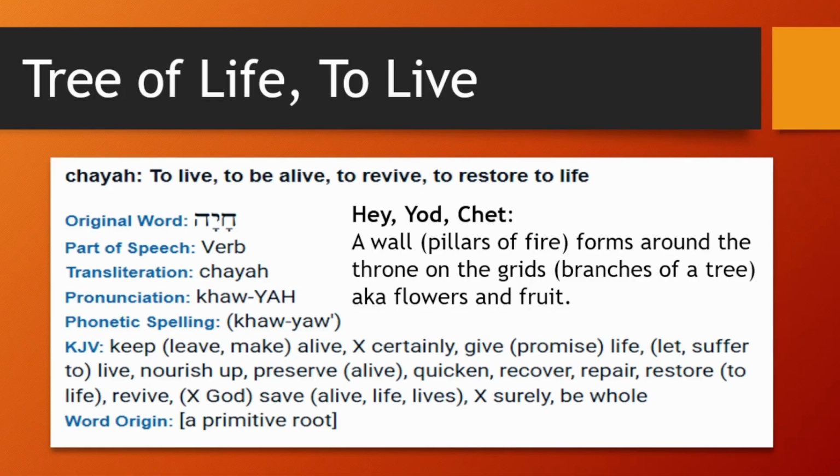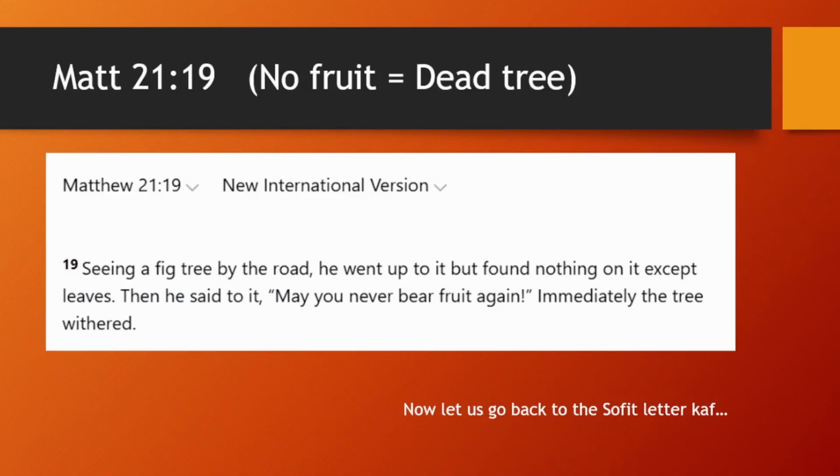Zama-fruits. So this is very interesting because Yahweh comes to a tree and then he can't find fruit on it. UKristu uyafika esihlahleni uthola ukuthi akukho ma-fruit kuso. Matthew 21 verse 19, seeing a fig tree by the road, he went up to it but found nothing on it except leaves.